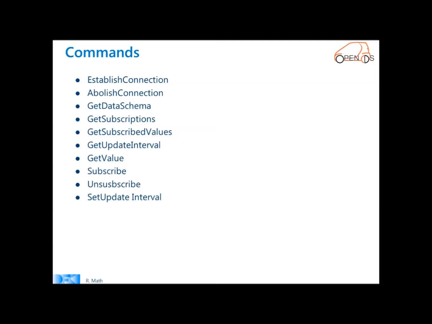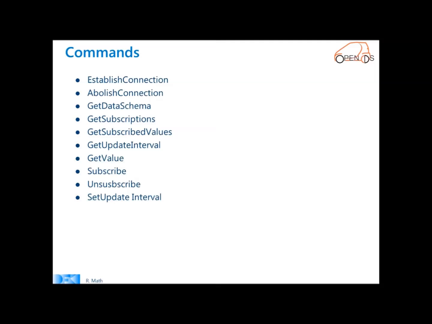The commands that are available so far are establish connection, abolish connection, and get data schema, which will give you an XML tree as a response where all the values you can get from the simulator are listed. So you can create clients that are highly adaptive and can adapt to the values that are available at the moment.